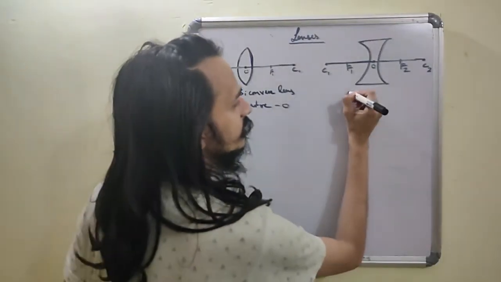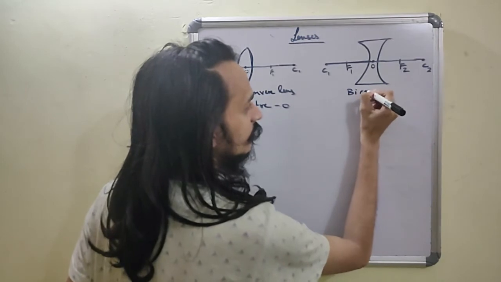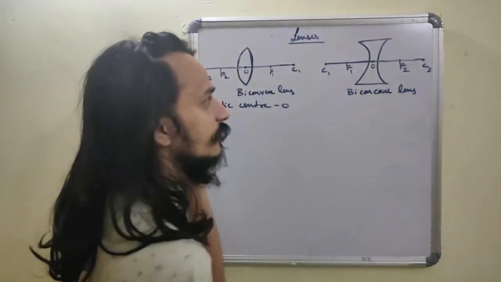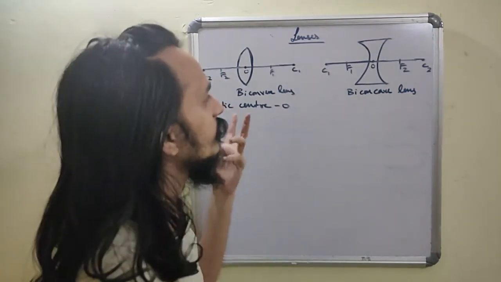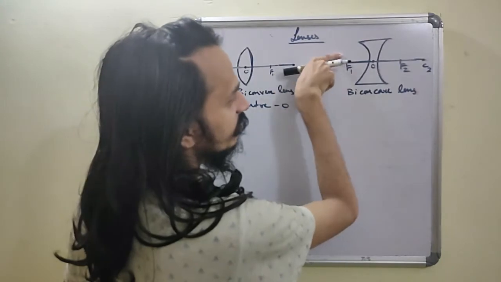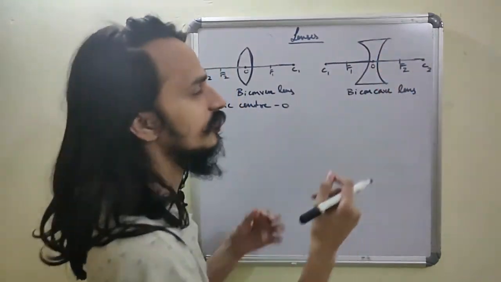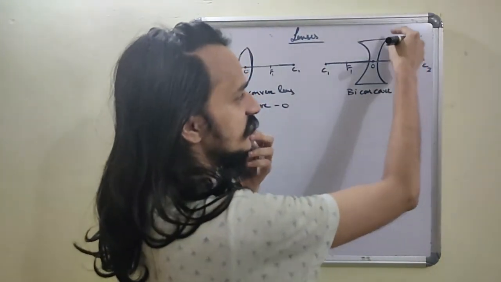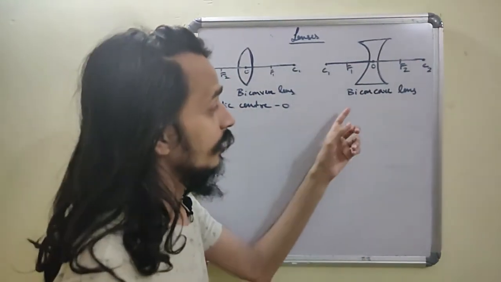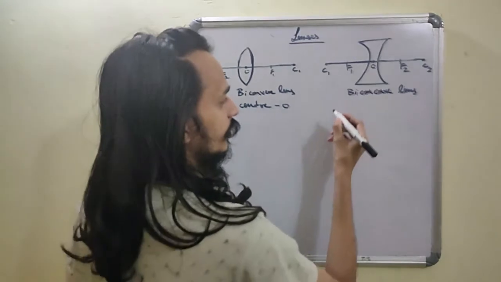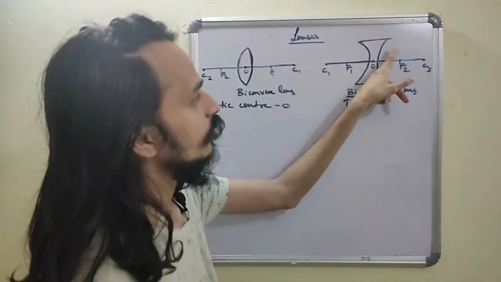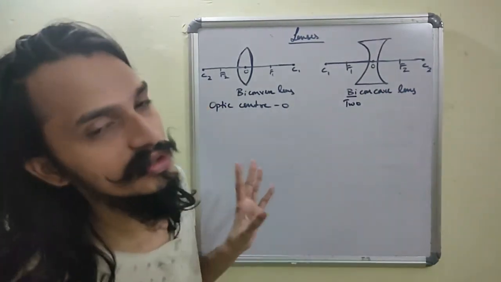This is what we call a biconcave lens. Okay. Now, a simple way to remember, again light is falling inside of this cave. Light is going to come from here or here. Either way doesn't matter. Since it's falling on the cave, we call it biconcave. Bi means two, because there are two curved surfaces involved.